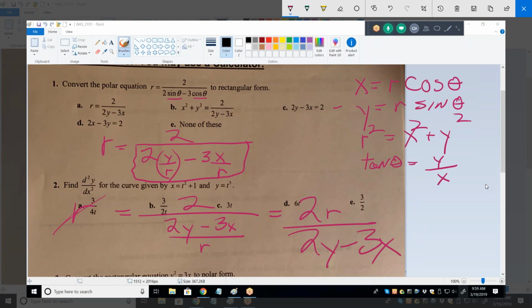That r cancels with that r, but not totally. It leaves 1 behind. In other words, it doesn't make it disappear. So now I got to solve this equation. 1 equals 2 over 2y minus 3x. Well, that tells me 2y minus 3x is equal to 2. Right. Answer C.